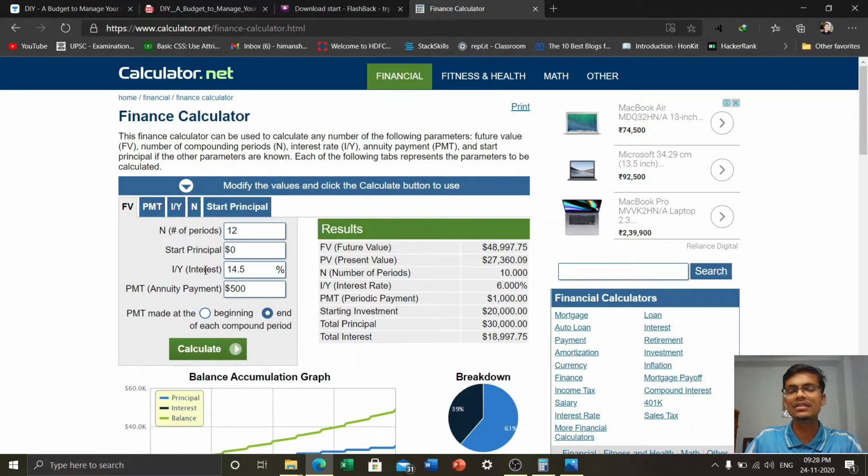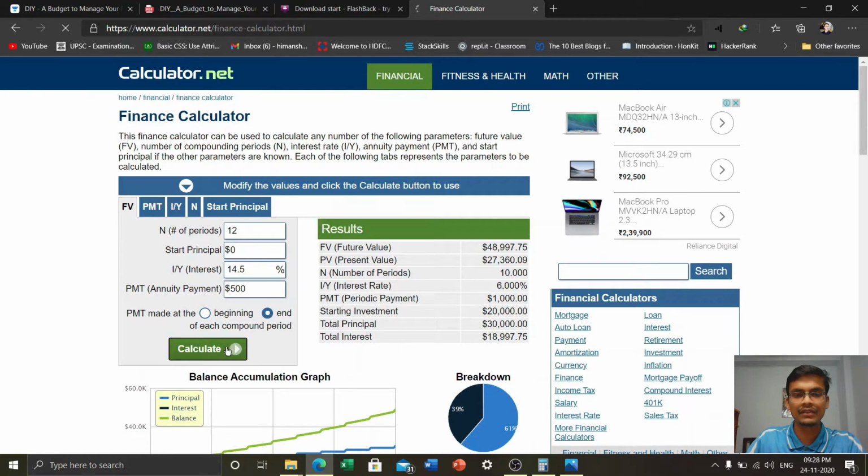There are 1 year returns, 3 year returns, and 5 year returns. There's a basic principle: the longer time we invest for, the greater interest rate we get. So the interest rate can go up to 18 to 20% also. But since I'm investing for 1 year for now, I'll be getting an interest of roughly 14 to 15%, and hence taking the middle value to be 14.5%.